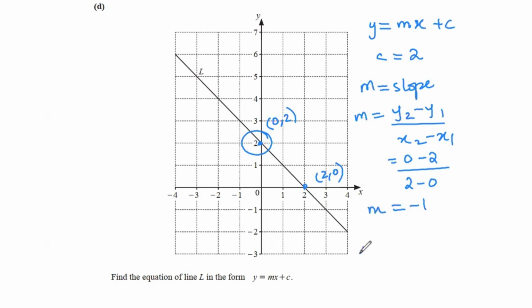That's your M. So y equals to negative x plus 2. You don't need to write the 1 with x because every whole number is multiplied to 1. So you never write negative 1x, you just write negative x. That is how you present your final answer.